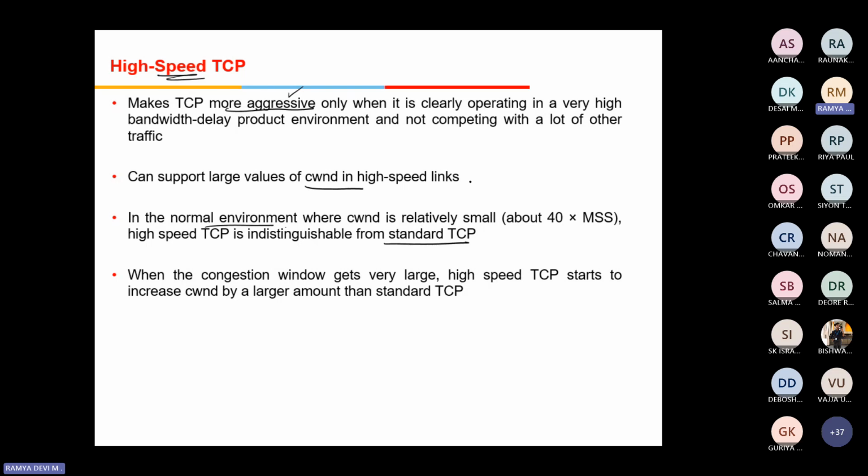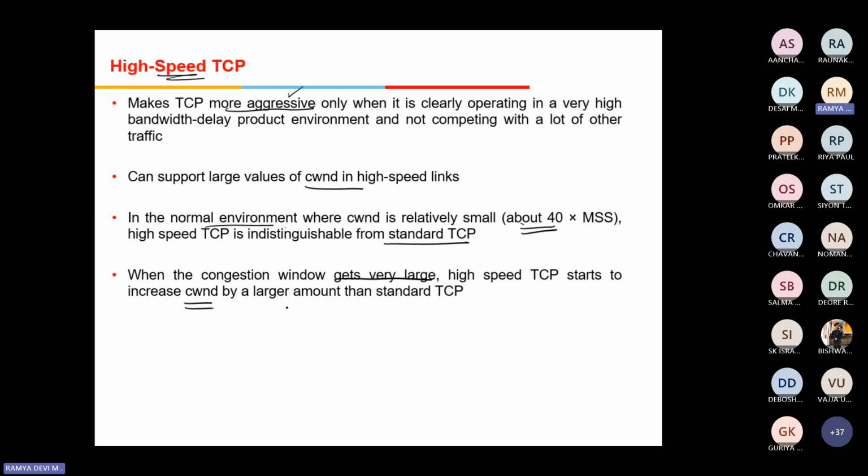When the congestion window is small, that is below 40 times the maximum segment size, there is no difference between high-speed TCP and standard TCP, right? The major change occurs when the congestion window becomes very large. If it is very large, high-speed TCP will start to increase the congestion window size in an aggressive way when compared to standard TCP.